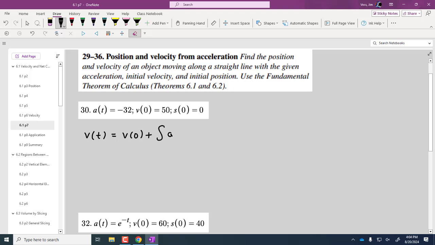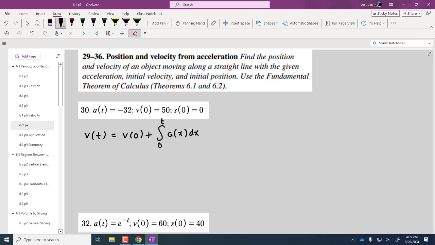Change in velocity is the integral of velocity's derivative. Oh, that's acceleration. And we're going to change it to an x, because we're putting a 0 and a t there. So that's how we get to velocity from acceleration.